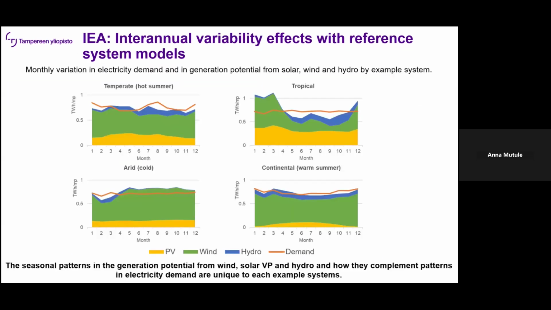This figure illustrates how seasonal patterns in electricity demand are aligned or misaligned with the generation from solar, wind, and hydro in each climate system. The vertical axis shows electricity in terawatt hours per month per million people.